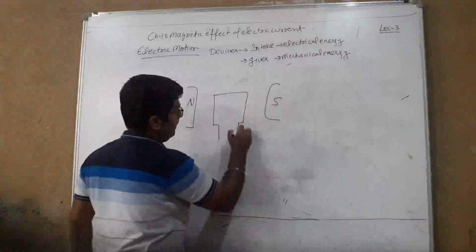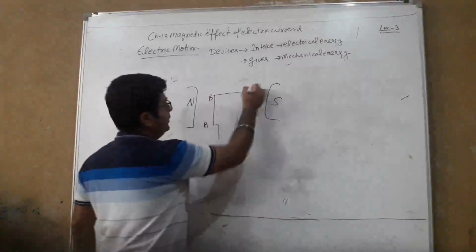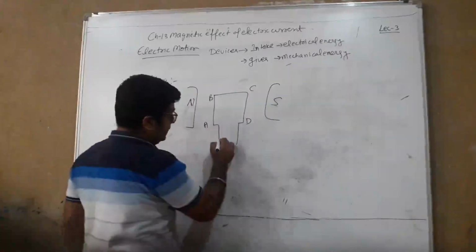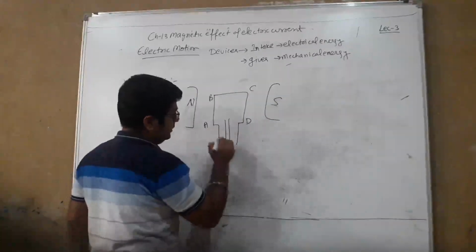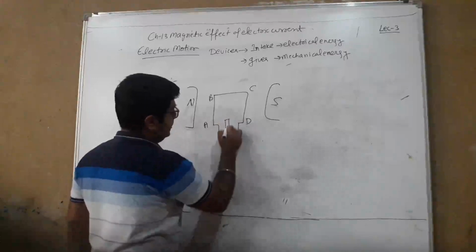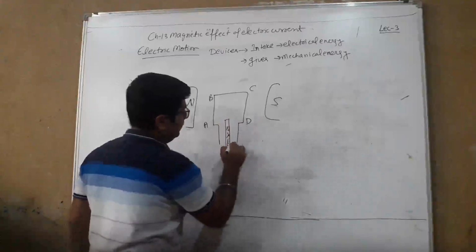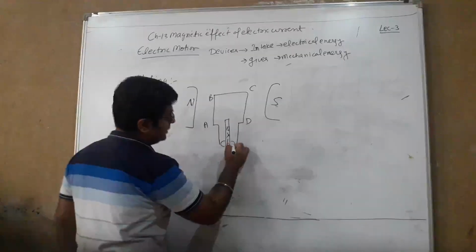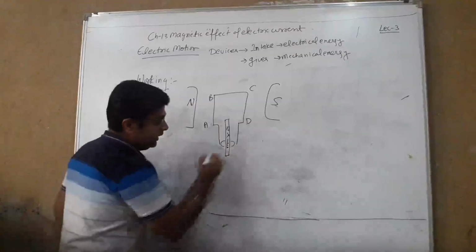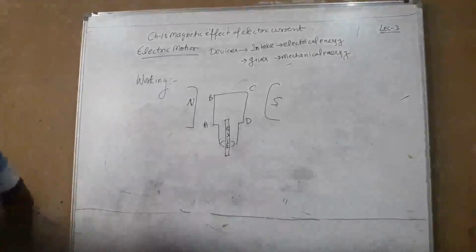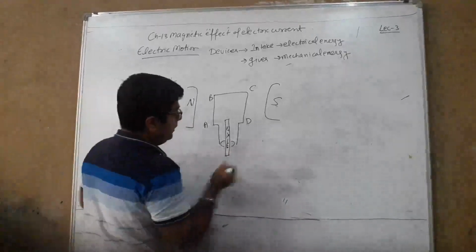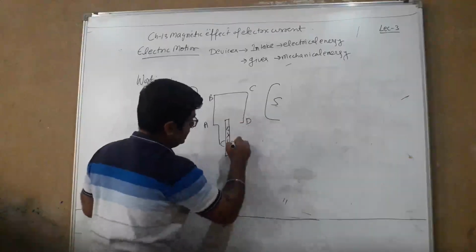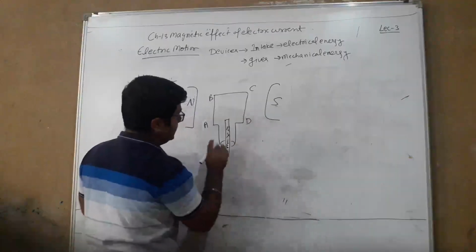Armature, A, B, C, D. And this armature, this is our axle, A-X-L-E, axle, and this is connected with split rings. These split rings are over here.